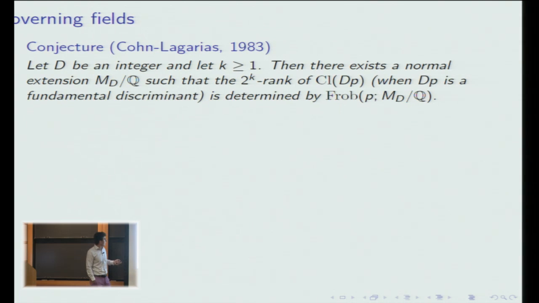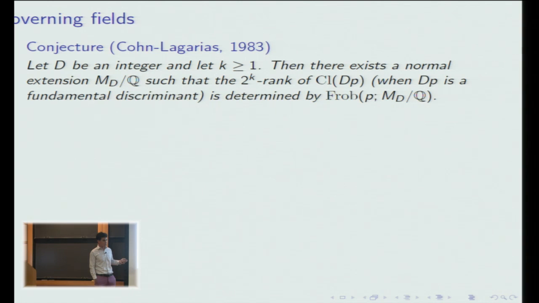in every case, if you look at a family of quadratic number fields of the form Q adjoin the square root of d times p, for some fixed d and p varying, there is going to be a normal extension of Q that depends only on d, so that the 2 to the k rank of the class group, basically how many elements of order 2 to the k there are, depending on p, will be determined by the splitting behavior of p in this fixed extension.